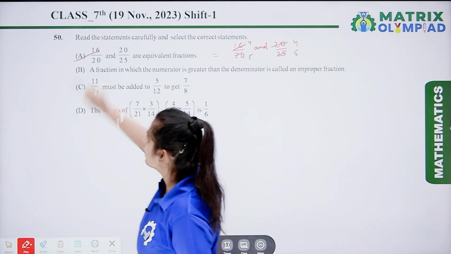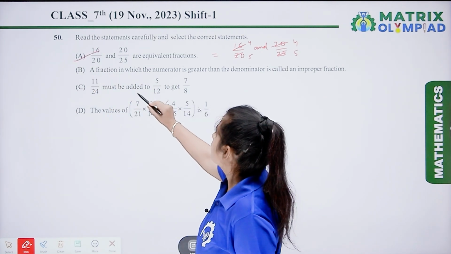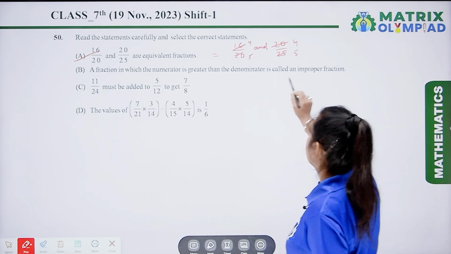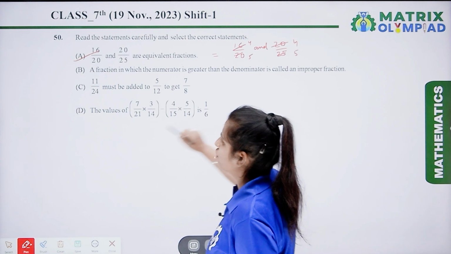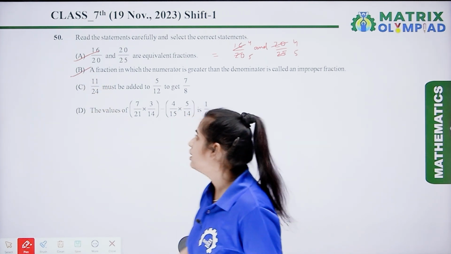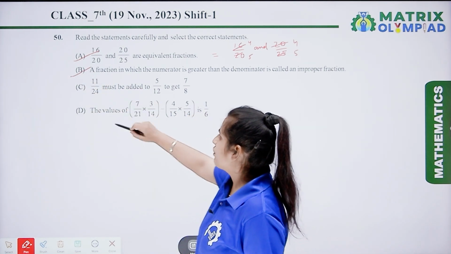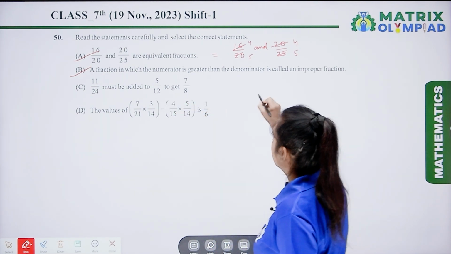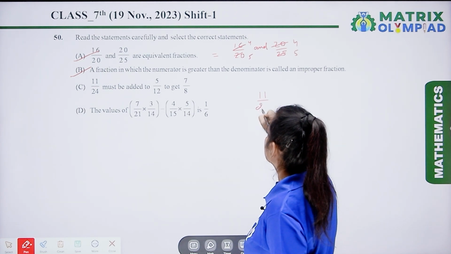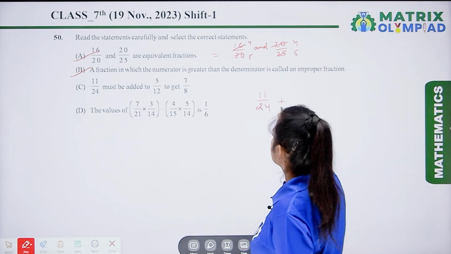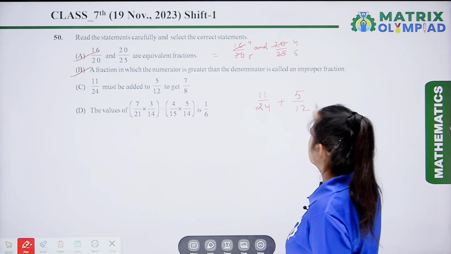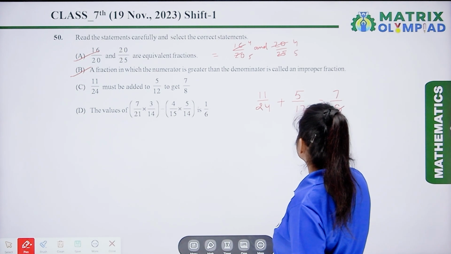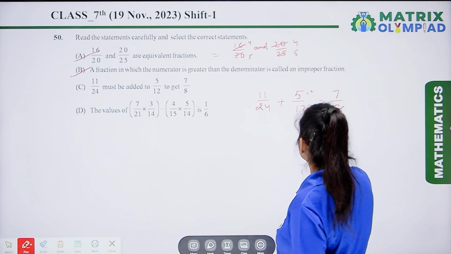So this is a correct statement. Now the next is: a fraction in which the numerator is greater than the denominator is called an improper fraction. Yes, this statement is also correct. Next one is 11 upon 24 must be added to 5 upon 12 to get 7 upon 8. Let's check. So here by taking the LCM we get 24.